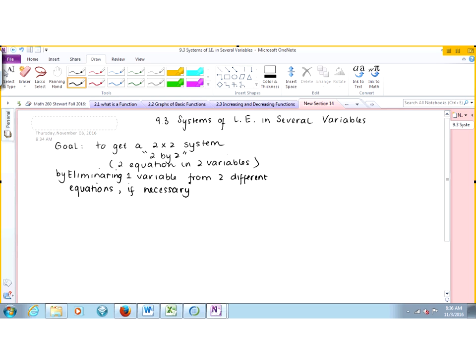Sometimes you only need to do it once, but sometimes we need to do it twice. So eliminating one variable from 2 different pairs of equations. Not from 2 equations, but from 2 different pairs of equations.